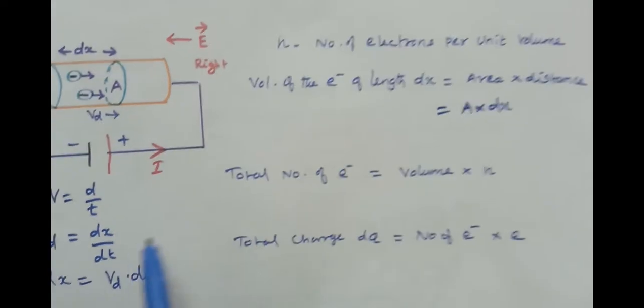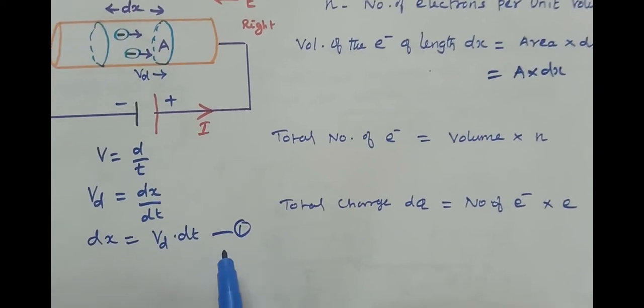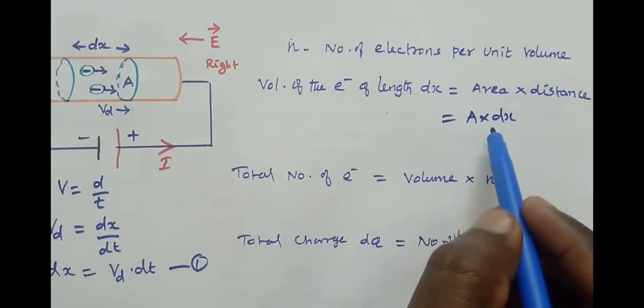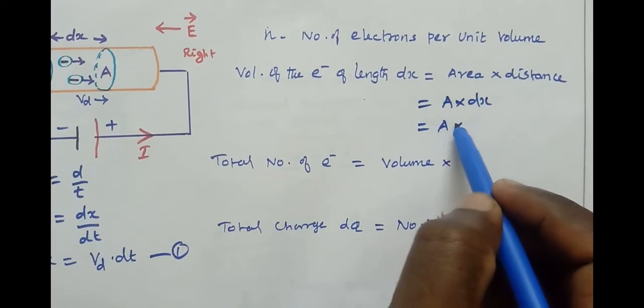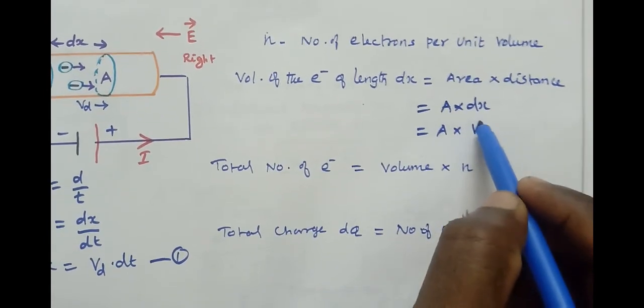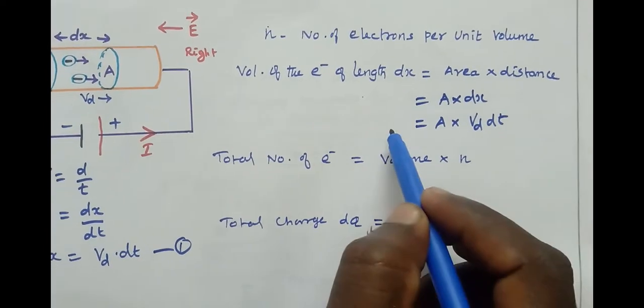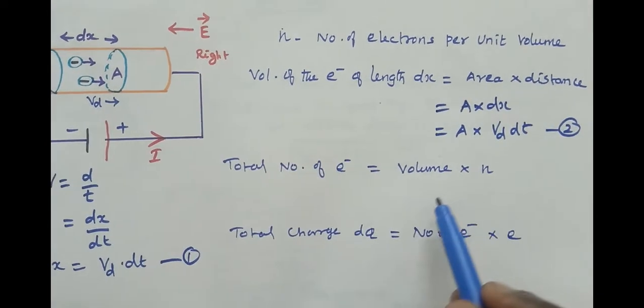What is the value of dx? Here, this is equation number 1. Substitute equation 1 here. Therefore, volume is A into drift velocity into dt. This is equation number 2.